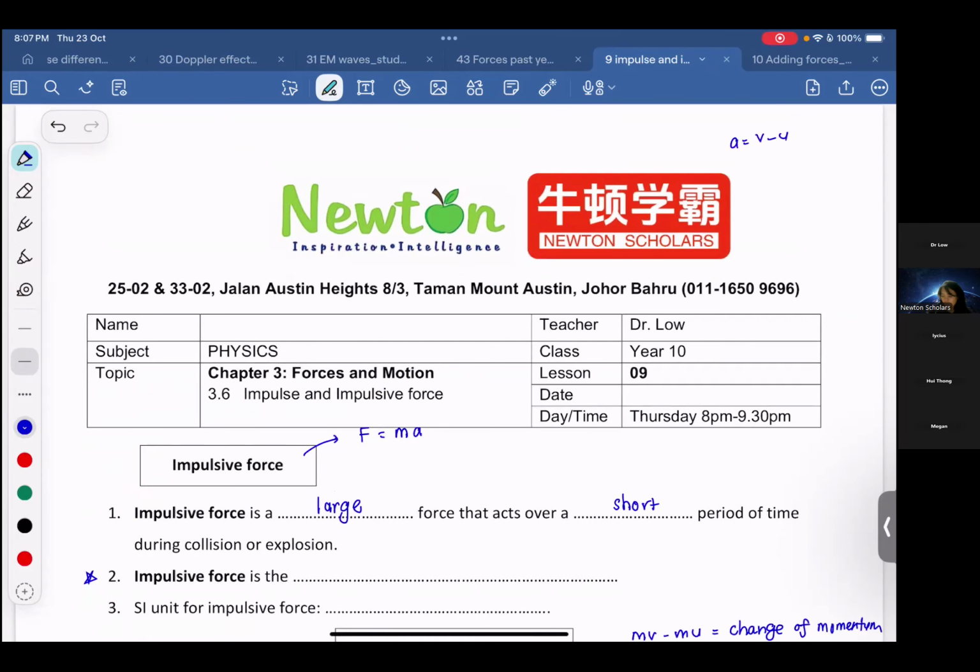Acceleration is v minus u over t. How do we define this? Change of velocity per unit time. In physics, we call it rate, R-A-T-E: rate of change of velocity. This is how we define acceleration.